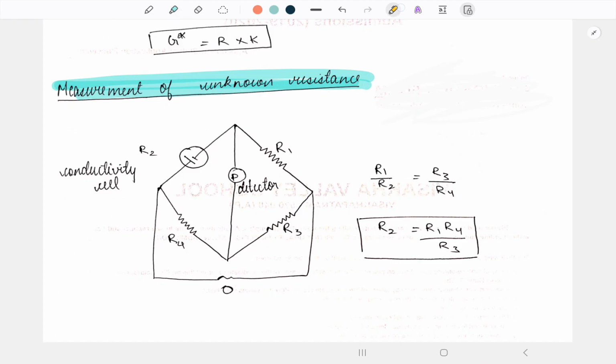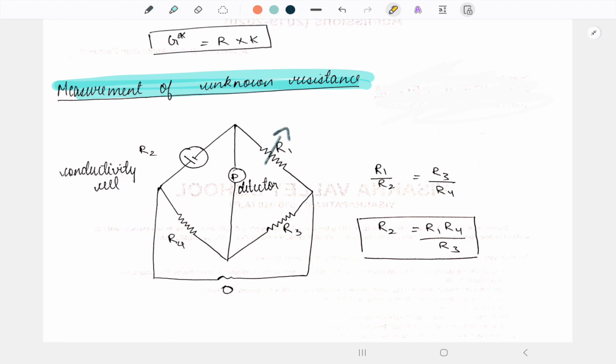Next, we'll study how we will actually measure the unknown resistance. For this, we'll take a Wheatstone bridge setup. So in this, R2 is the resistance of the electrolyte which is to be measured, and R3 and R4 are known resistances, and R1 is variable.